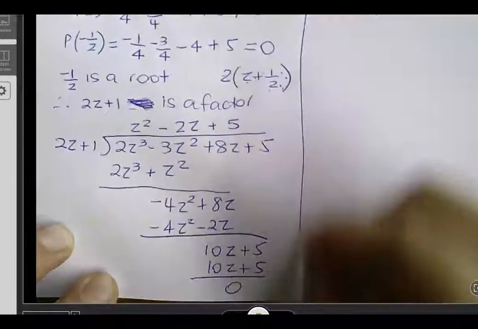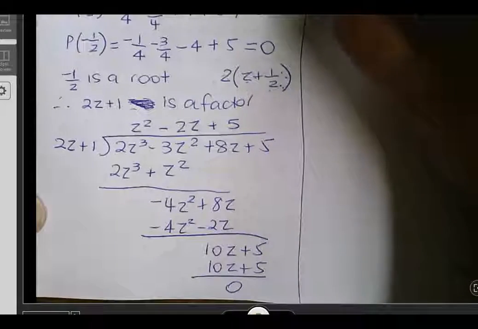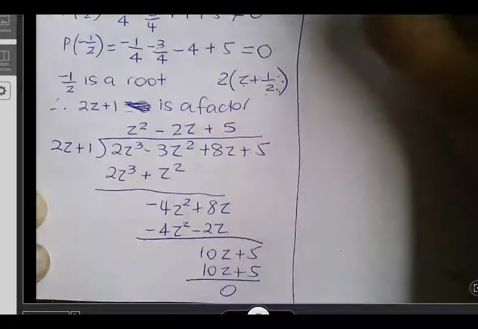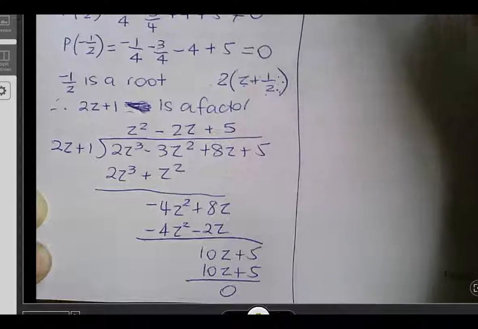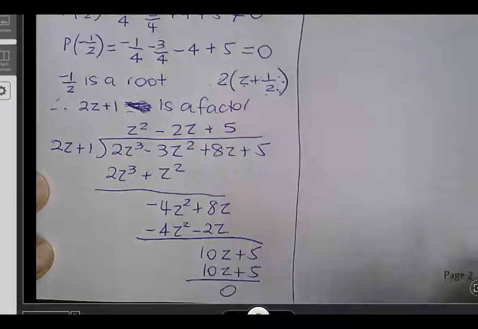So therefore, I can factorize my polynomial. I'll just write it up here. Are we ready? Did you get that down?